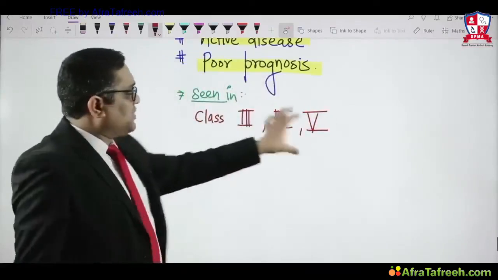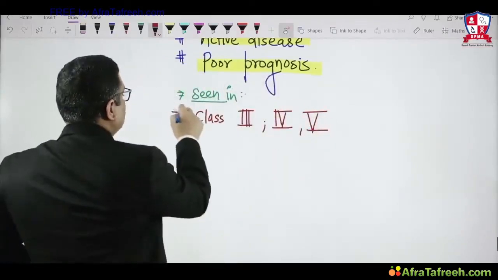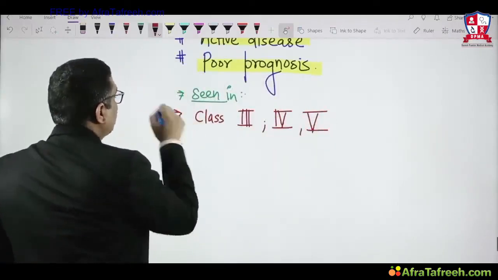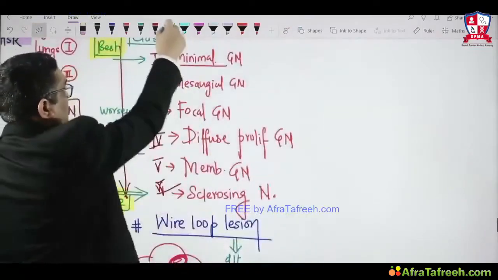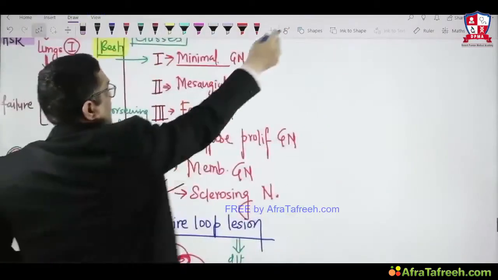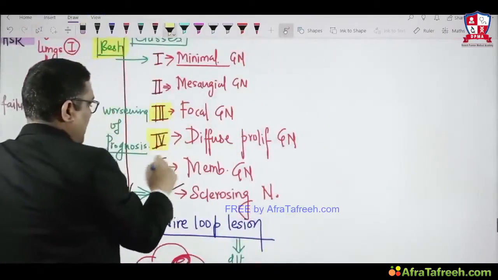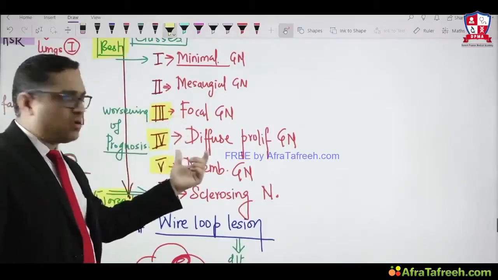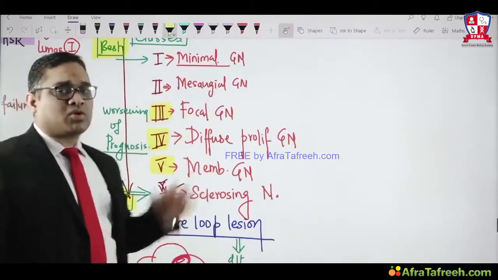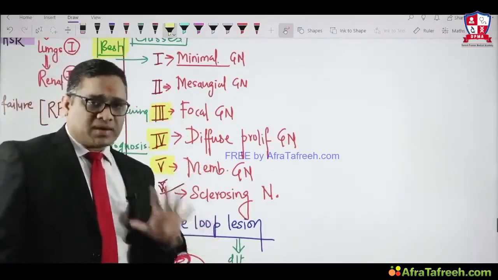Class 3, 4 and 5 mean focal glomerulonephritis, diffuse proliferative glomerulonephritis, and membranous glomerulonephritis; all will have wire loop lesion.